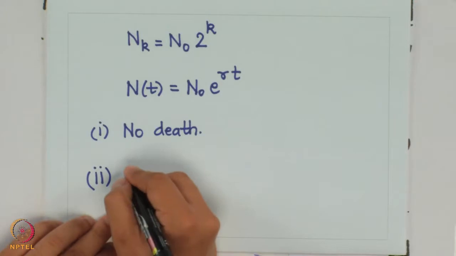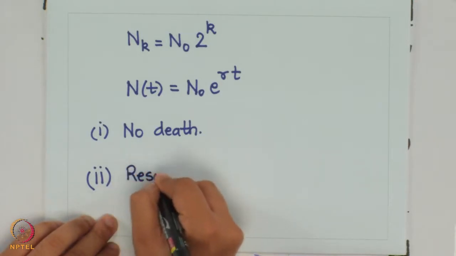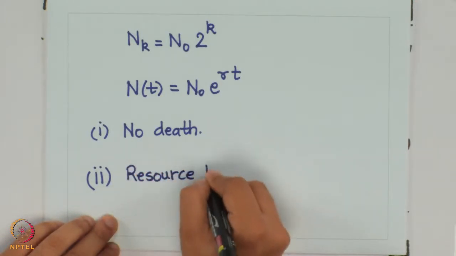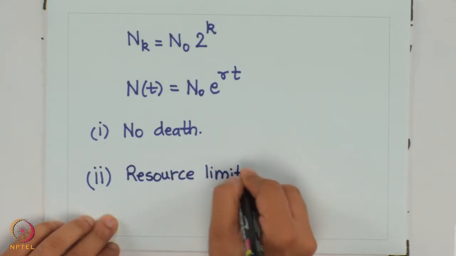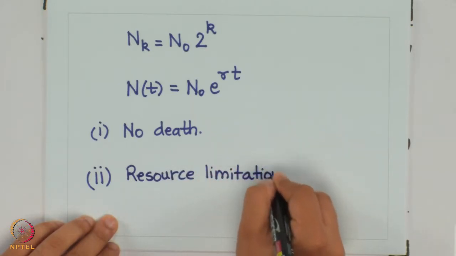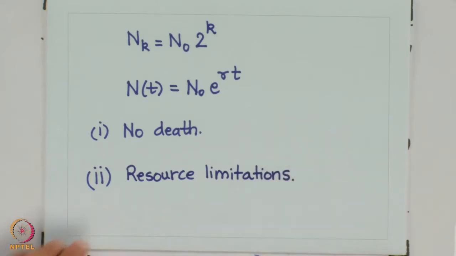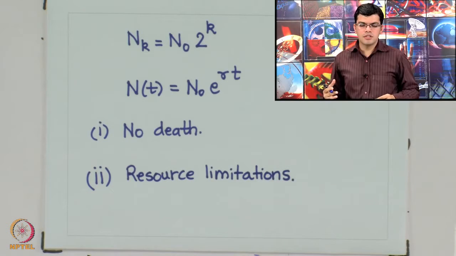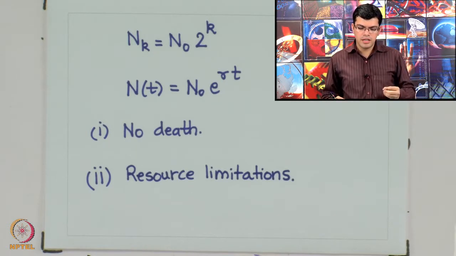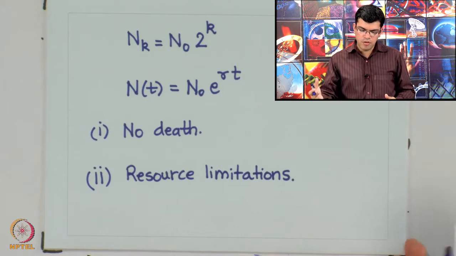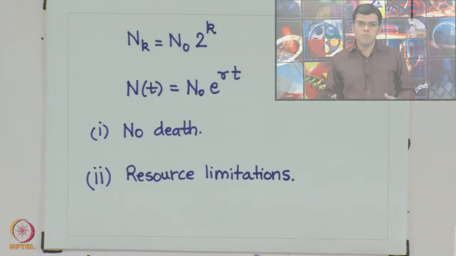So there is no concept of resource limitation in either of these two models, and both of them allow for unconstrained growth for as long as the bacteria are allowed to grow, which clearly is not conversant with the reality of these processes as we understand them. So as we go forward in the next part of this lecture, we'll talk about how to incorporate these two features in our model and develop it from there.